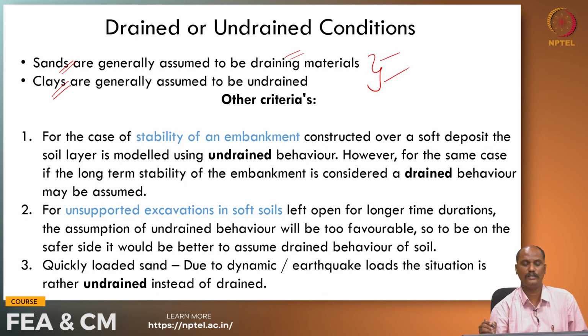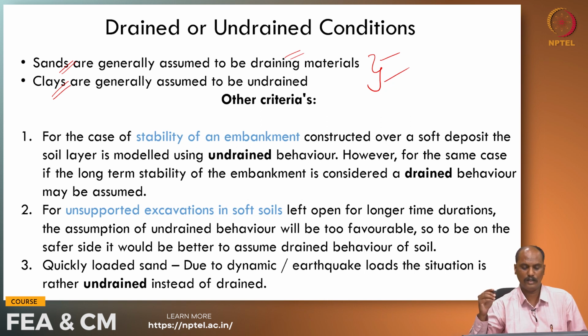There could be situations wherein our thought process should vary from one point to the other, that is, from either drained or undrained. We have to intelligently decide how to model the particular situation or the real field condition.